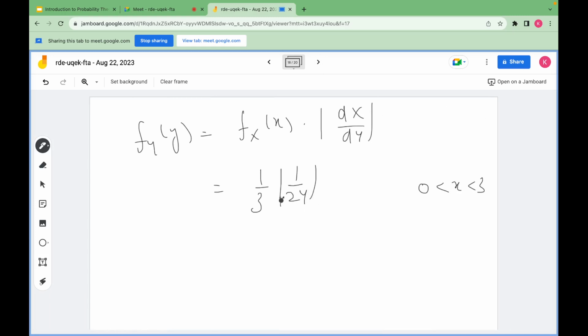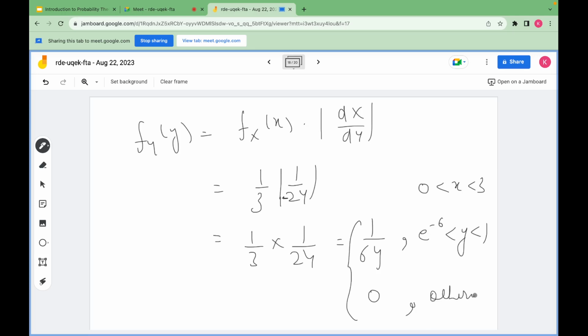So this comes out to be 1 upon 2y times 1 by 3, which is 1 by 6y, when x ranges from 0 to 3 or y ranges from e to the power minus 6 to 1, and 0 otherwise. This is the PDF of y: 1 upon 6y, where y ranges from e to the power minus 6 to 1, and it will be 0 otherwise. Okay.